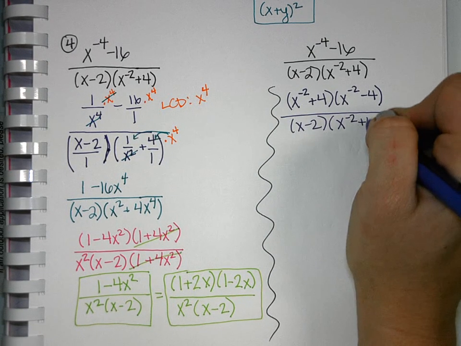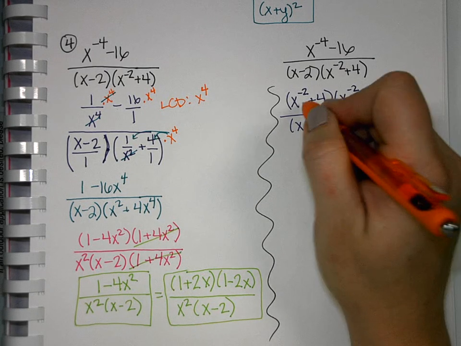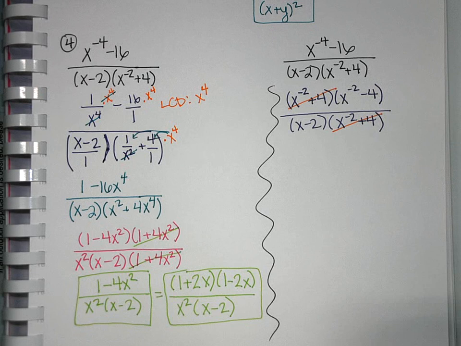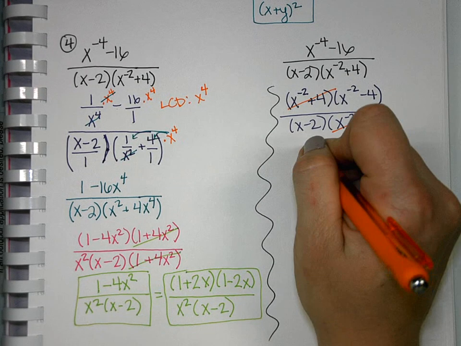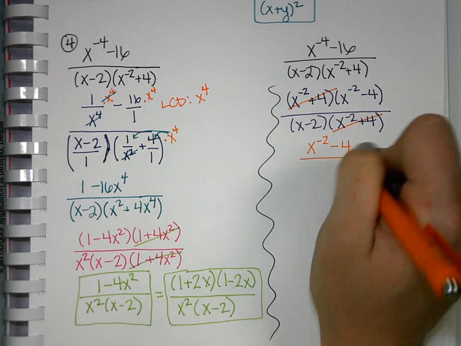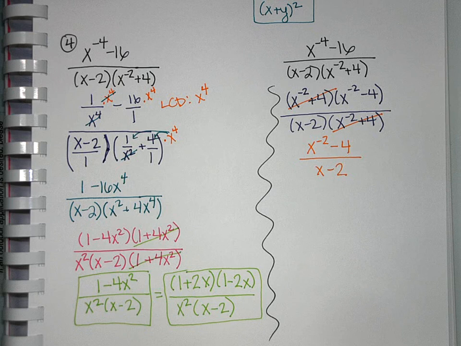Now, one of the things by factoring first is that we are actually able to cancel out the x to the negative 2 plus 4 on top and bottom right away. So what we end up getting is x to the negative 2 minus 4 over x minus 2. So we still are going to have a complex fraction that will have to get rid of negatives.